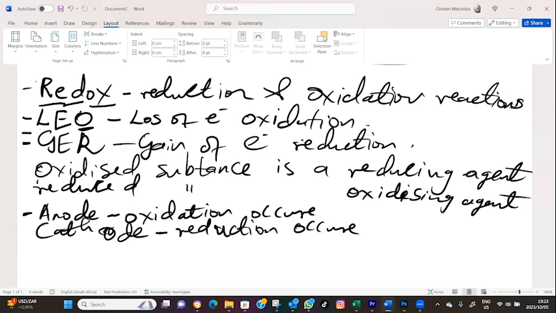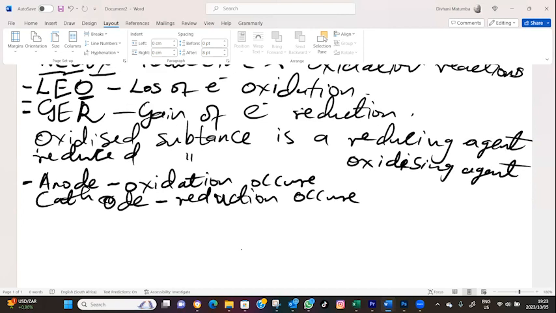All right. Now, a cathode and an anode, these two are called electrodes. Electrodes conduct electricity.